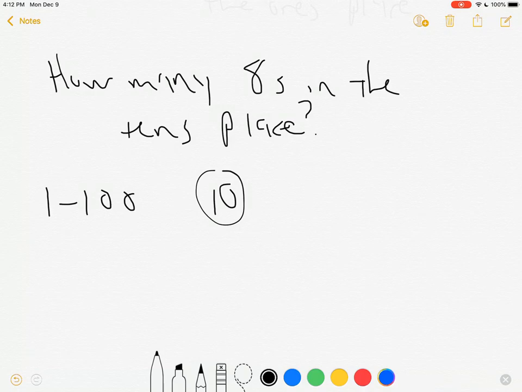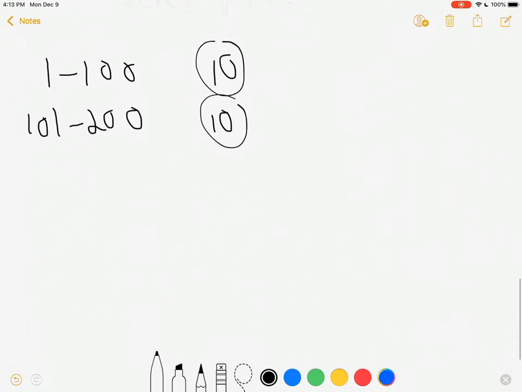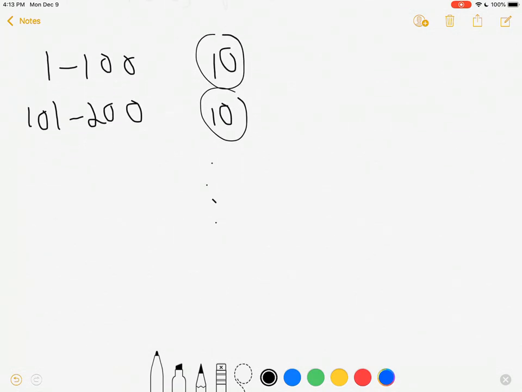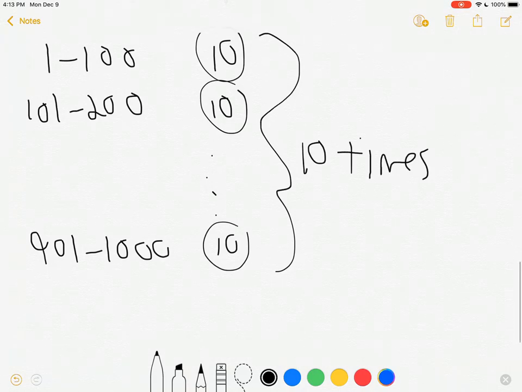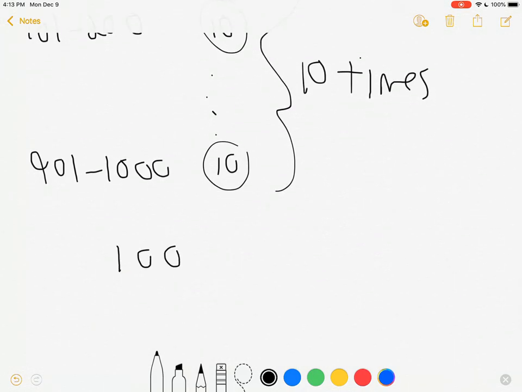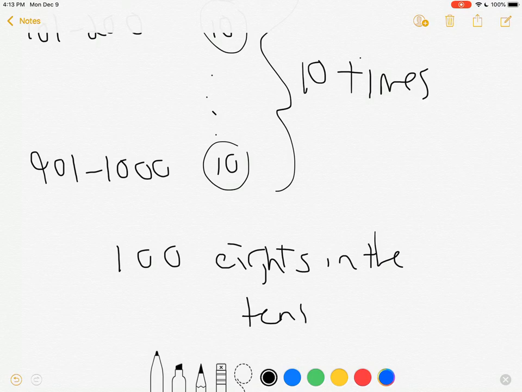That's 10 8s in the tens place. 101 to 200, it's 10, just the 80s. Again, this is the same thing until we get to 901 to 1000. There's 10 8s in the 80s. That'll be 10 groups of 10. So there are 100 8s in the tens place.